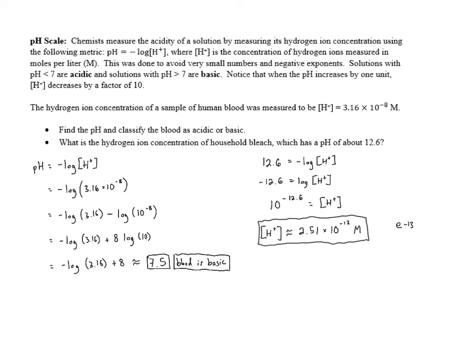Just one very quick note, the reason why this is a logarithmic scale is because if it wasn't, if we had just looked at the concentration of hydrogen ions, we would have numbers that are so tiny, our brains wouldn't really know how to process them. And so by turning it into this logarithmic scale, we end up with numbers that are much easier for us to deal with.